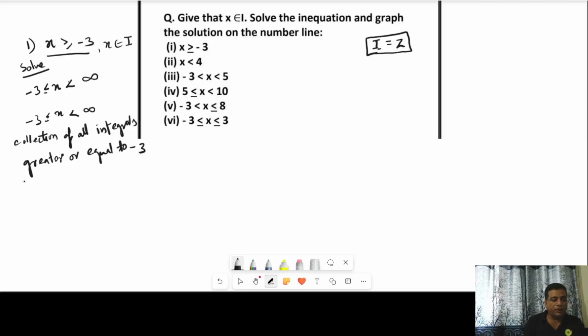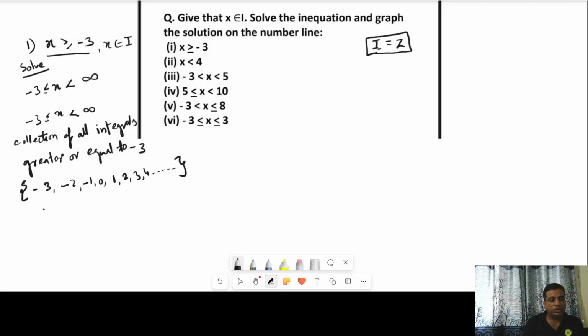If you want to write it in set form, you can write minus 3, minus 2, minus 1, 0, 1, 2, 3, 4, and so on. It's the solution set of this inequality x greater than or equal to minus 3.